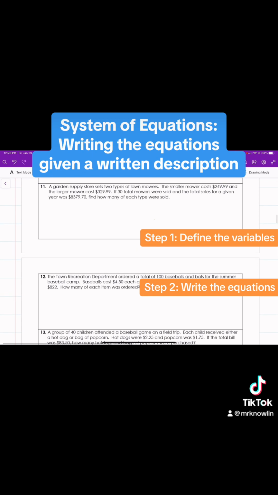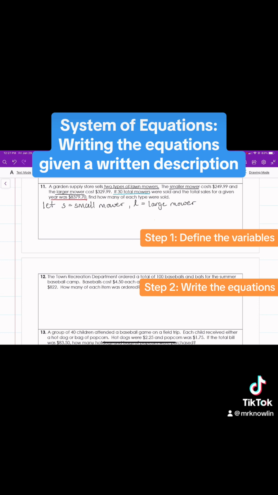Number 11. We have 2 different types of lawnmowers. We have a small mower and we have a large mower. Let S equal small mower, and let L equal large mower. Now that we've done that, we have two different totals here, okay? One of the totals is for the number of mowers sold, and the other total is for the total cost.